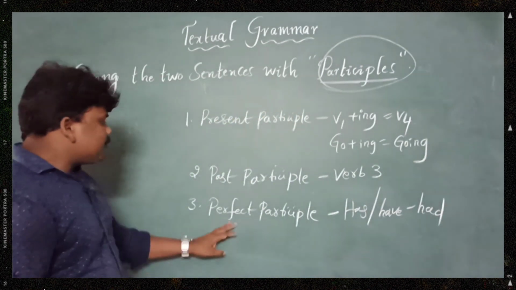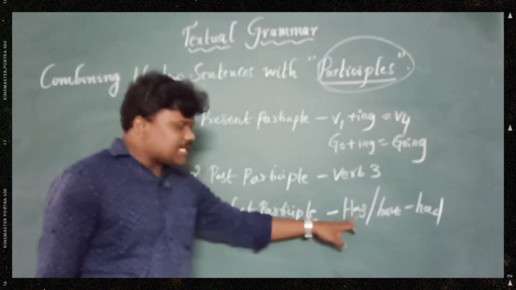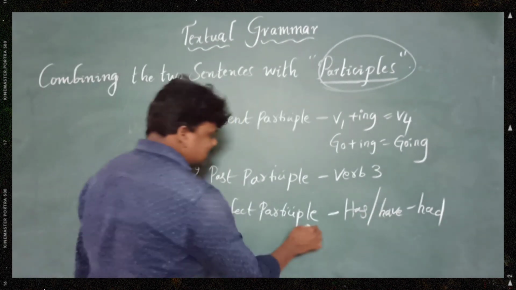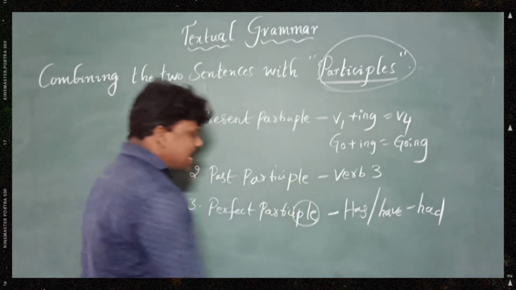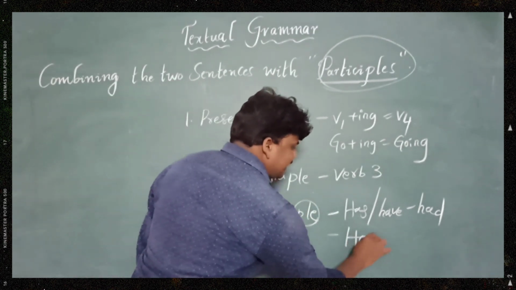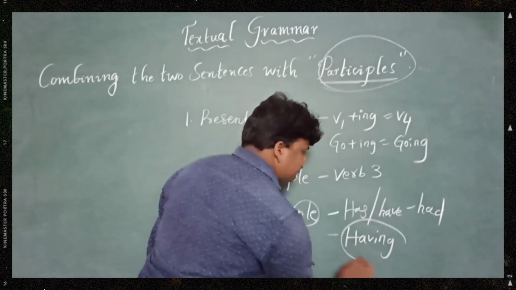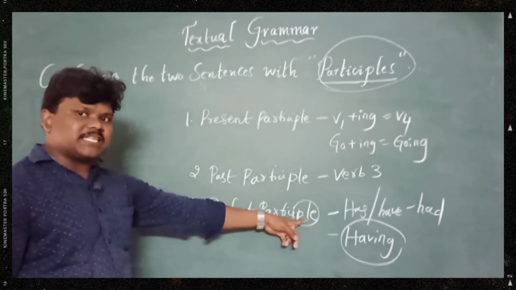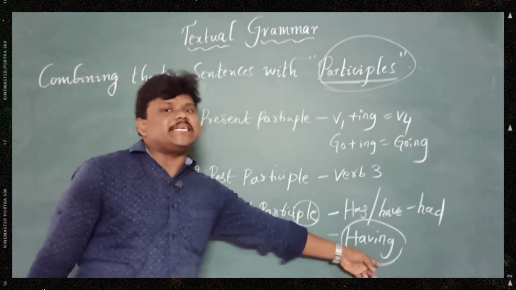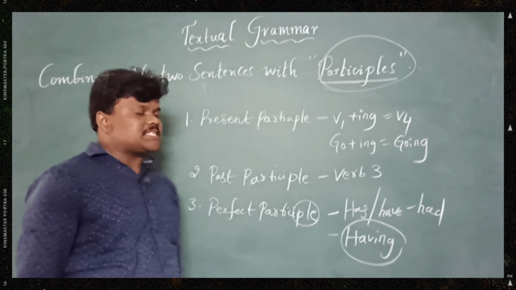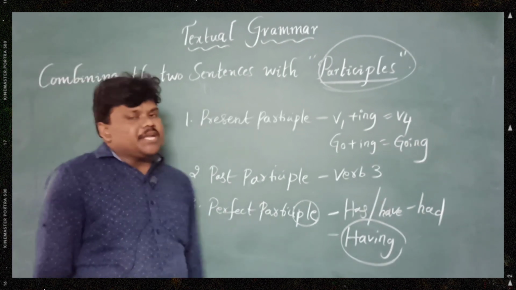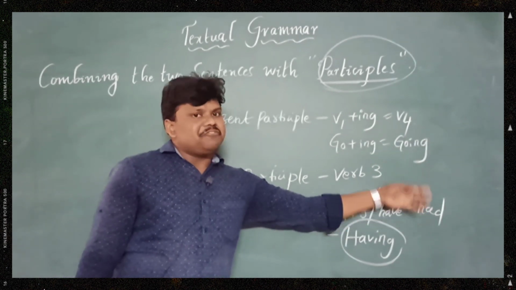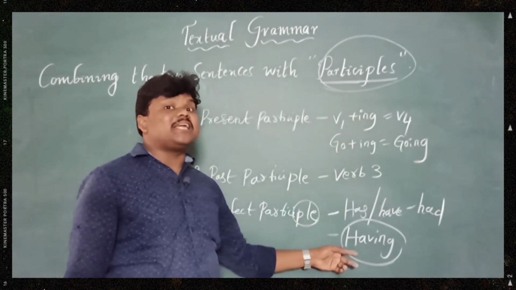But as it is a participle, we need to start our answer with having. Already we knew that there is a participle which is called ing, right? ing, having. If the sentence was given with has, have, had, we need to start our answer with having.